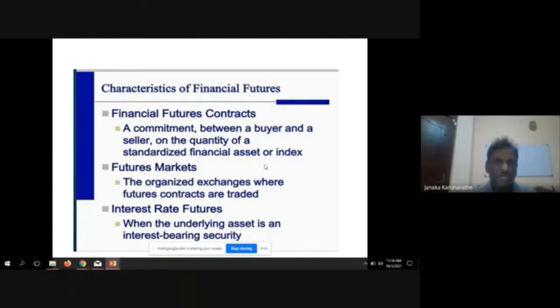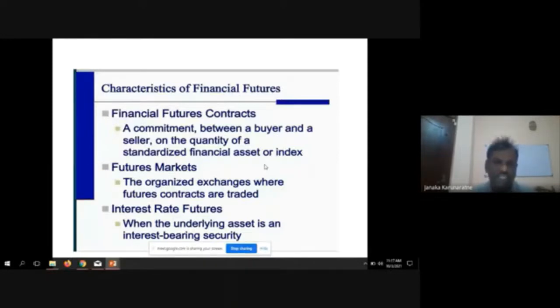The futures markets. Now, what are the futures markets? They are the organized exchanges where futures contracts are traded. In many developed countries, they have a futures market for futures trading. Unfortunately, we don't have a specific futures market in Sri Lanka where these are traded on an organized exchange.